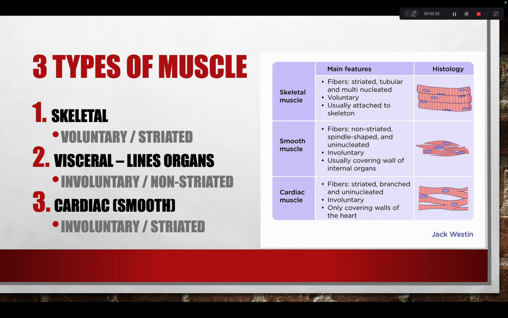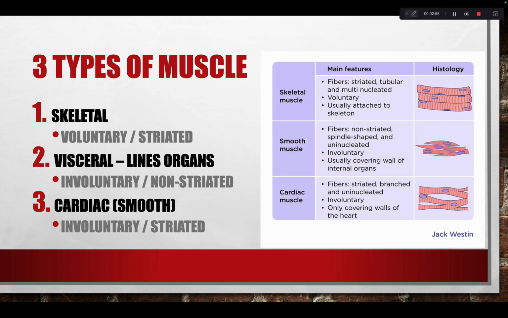They tend to be tubular and multi-nucleated. So a lot of nucleus or nuclei. They're voluntary. And they're usually attached to the skeleton or bone, hence the term skeletal muscle. So these would be all your muscles that you would think of that we learned in kinesiology.